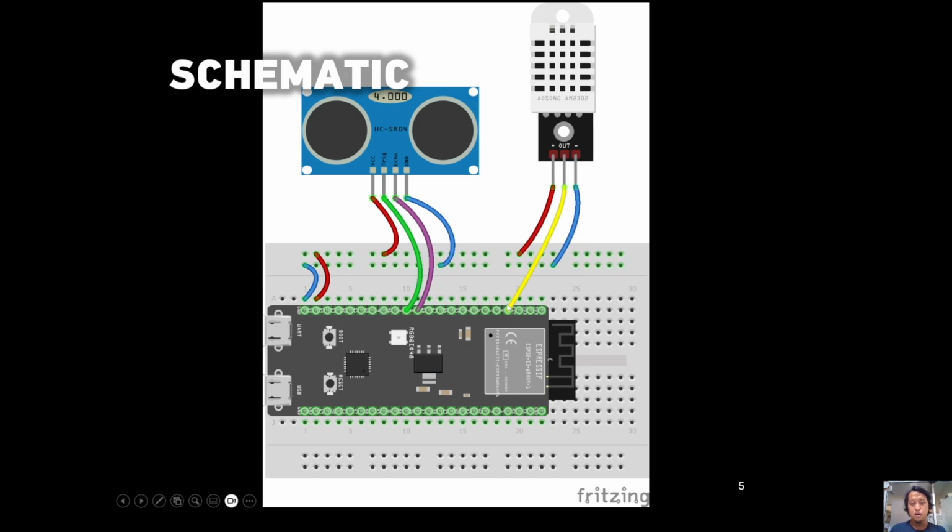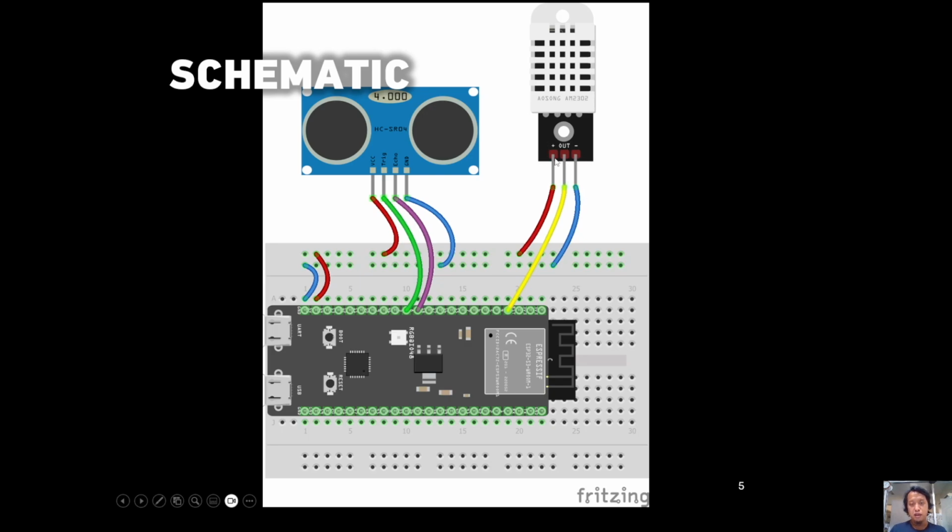And then for the DHT22, it uses the Aosong chip with the series of AM2302. It actually has 4 pins and one of them is not used, so we connected it to the ESP32 using only 3 pins like this one.